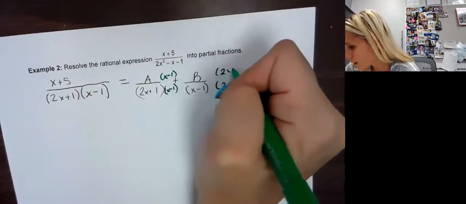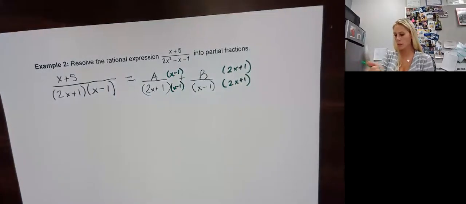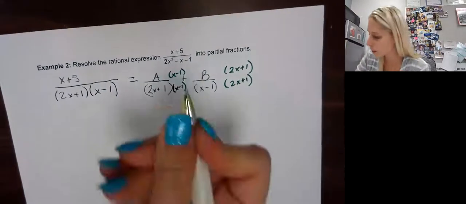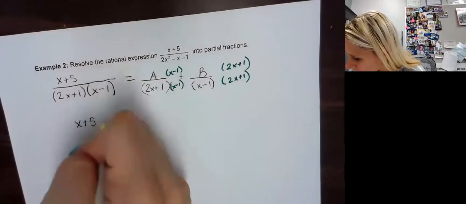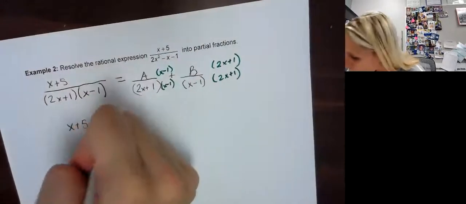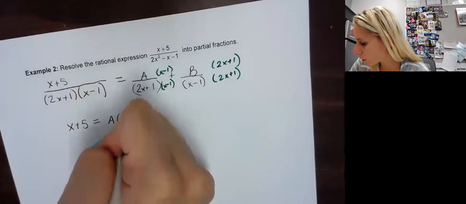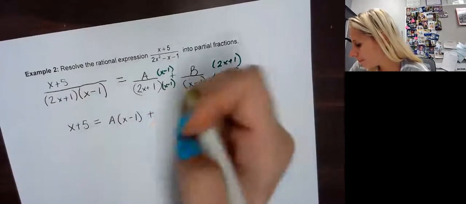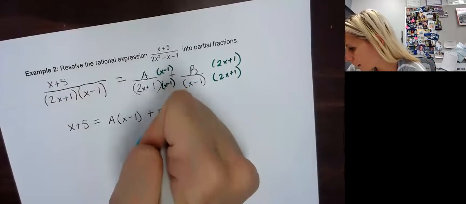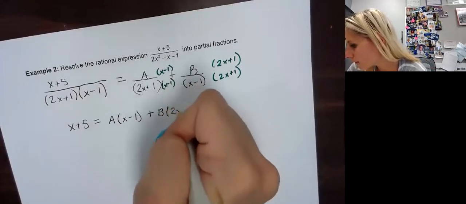Do that to the top, because now that we have common denominators, we can ignore them and look at the numerators. So x plus 5 equals, I'm still going to write this all out. I know eventually some of you will do this a little bit quicker and do that distributing before you write this down, or distributing right away, I should say.